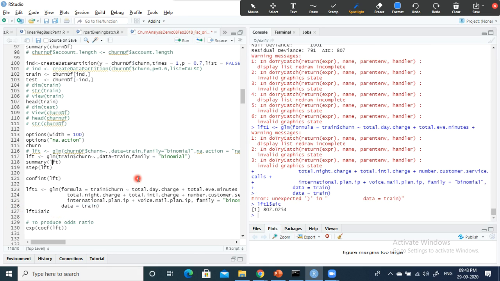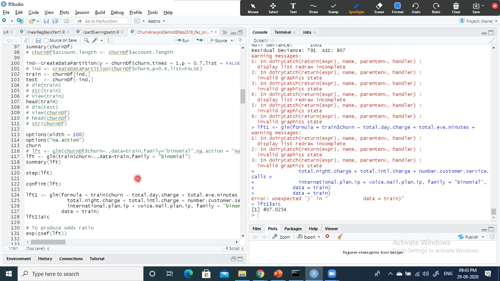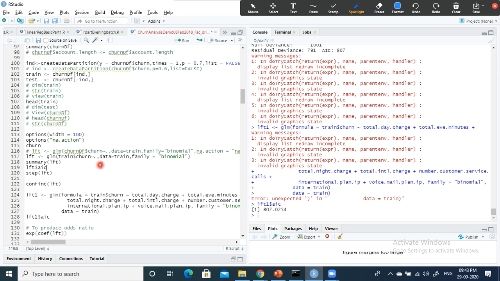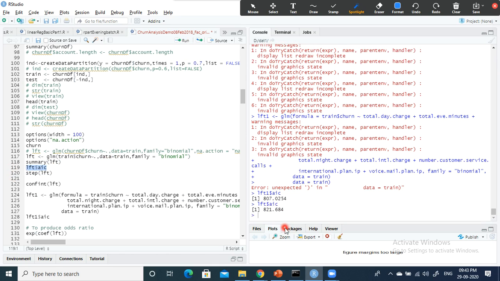Similarly, let us check the AIC for the previous model, because in that we blindly included all the independent variables. It is 821. Now, after removing certain variables as per the step function, we could see that the AIC value got reduced. The lesser the AIC, the better the model.